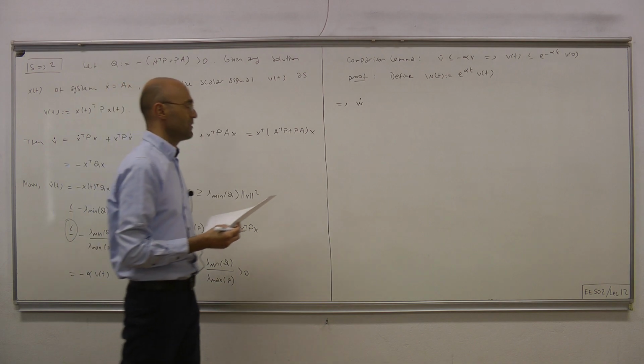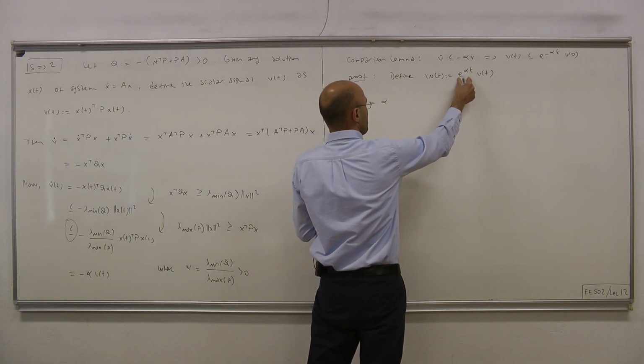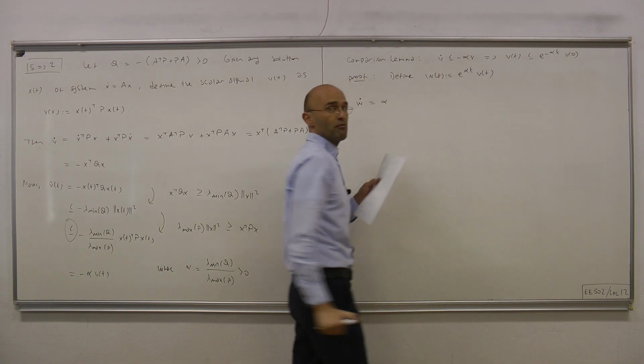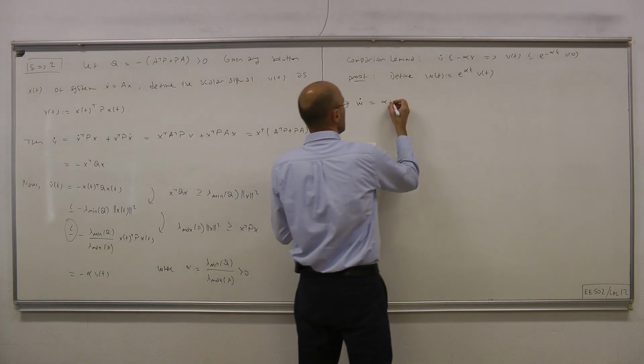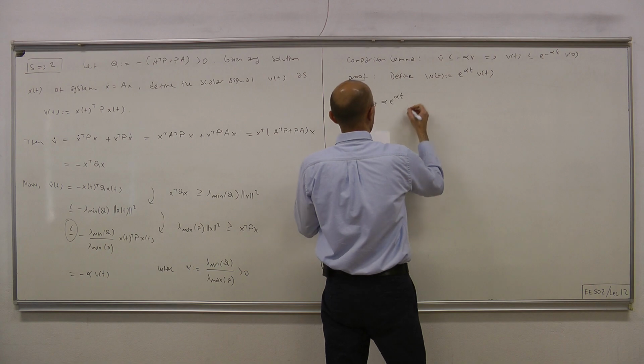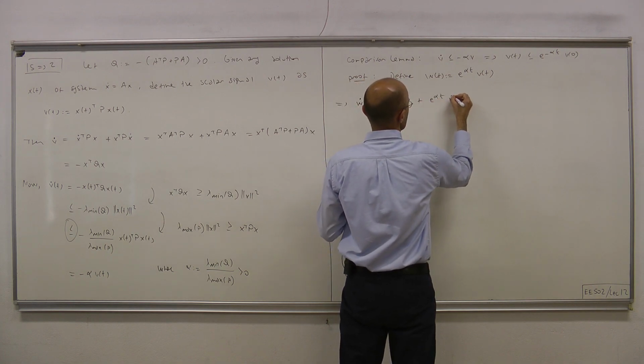Okay, w dot equals the derivative of this times the whole thing times this, plus this times the derivative of v. So what we have is alpha e to the alpha t v plus e to the alpha t times v dot.